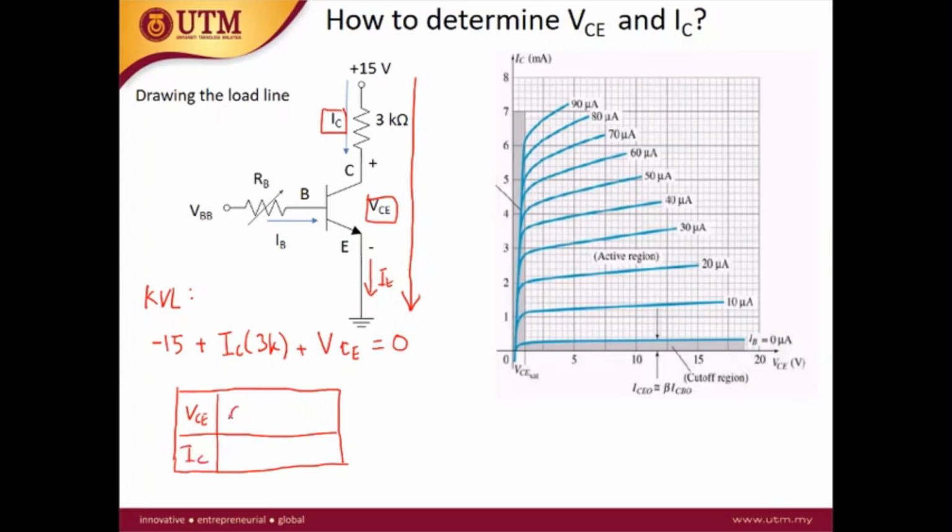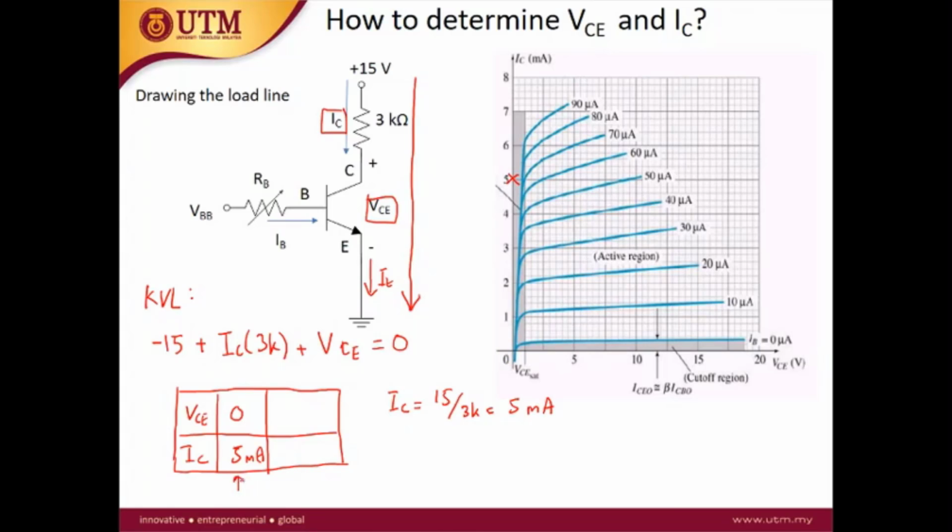First consider when VCE is 0. When VCE is 0, the IC is equal to 15 over 3 kilo ohm, so this is 5 milliampere. This is the first point: when VCE is 0, IC is 5 milliampere.